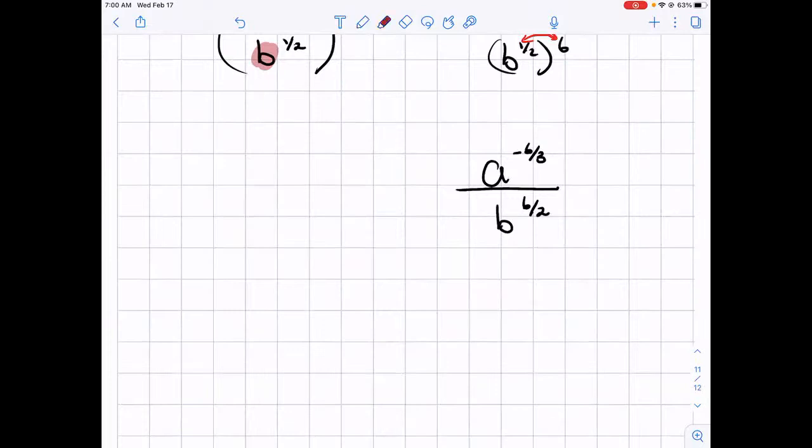And if we simplify this, we get a to the negative 2 over b to the 3rd.